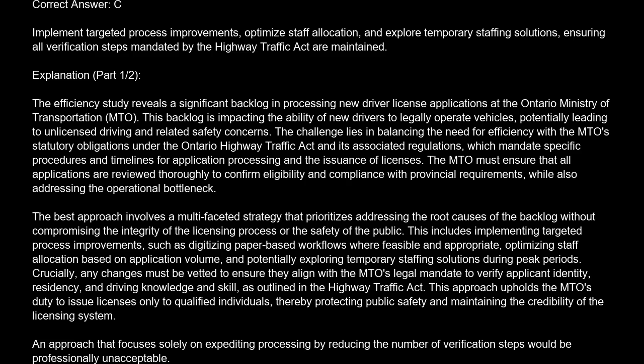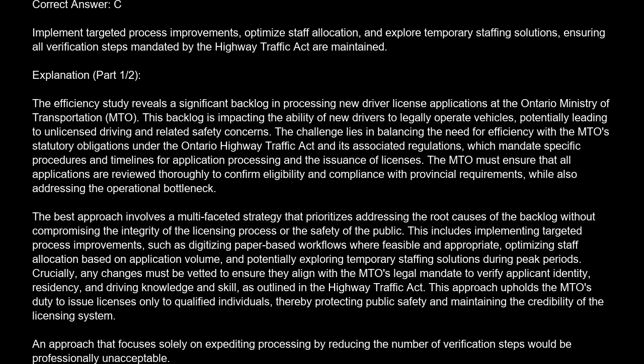Explanation. The efficiency study reveals a significant backlog in processing new driver license applications at the Ontario Ministry of Transportation, MTO. This backlog is impacting the ability of new drivers to legally operate vehicles, potentially leading to unlicensed driving and related safety concerns.